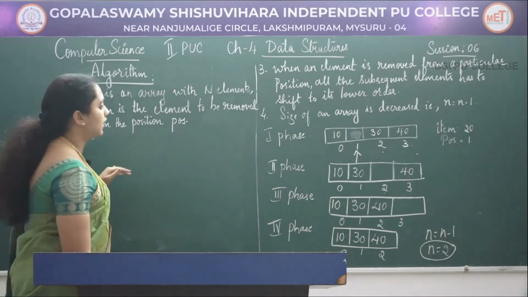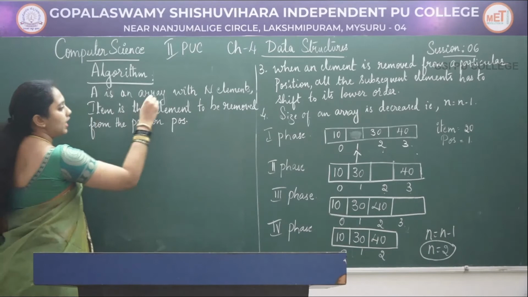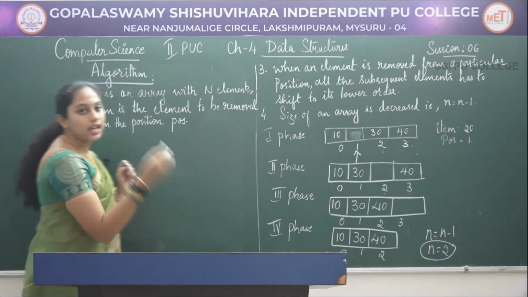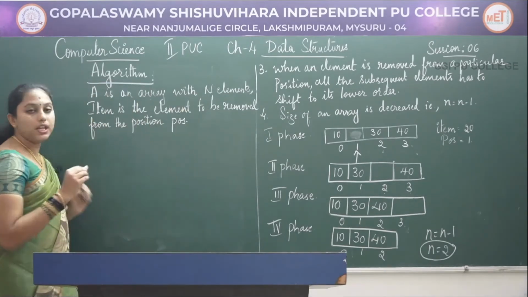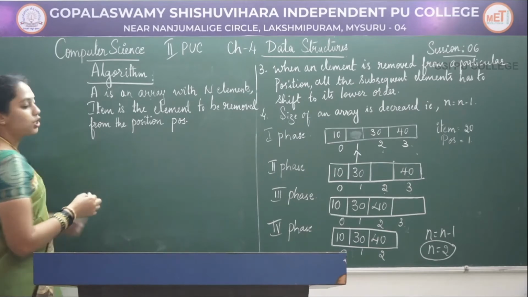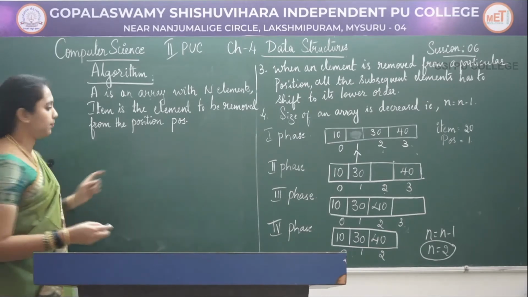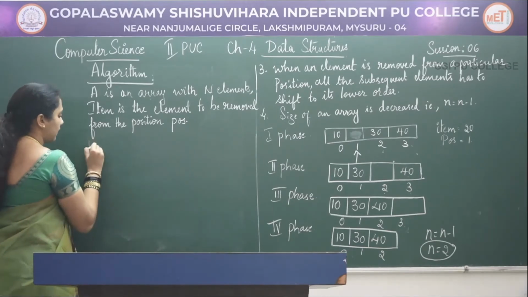So, these are the prerequisites. So, here A is an array with n elements and item is the element to be removed from the position POS. So, what is the first step?